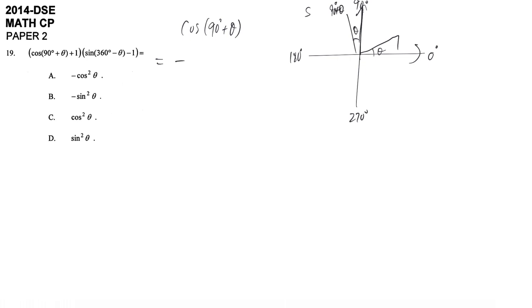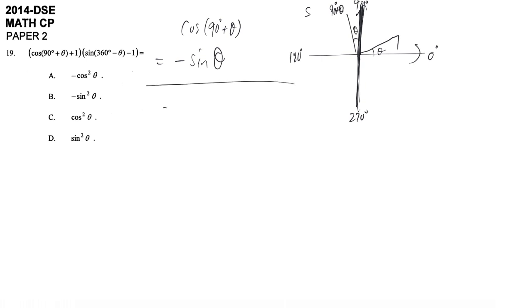And then because it's related to the remaining angle, cosine will become sine theta. Whenever it is related to the y-axis, the ratio will change from sine to cosine, and tangent will change to 1 over tangent. For more details, maybe you can find your textbook anyway.